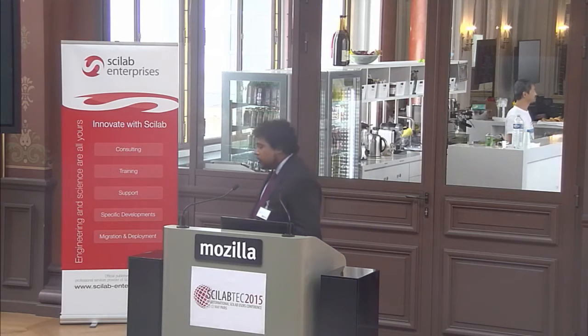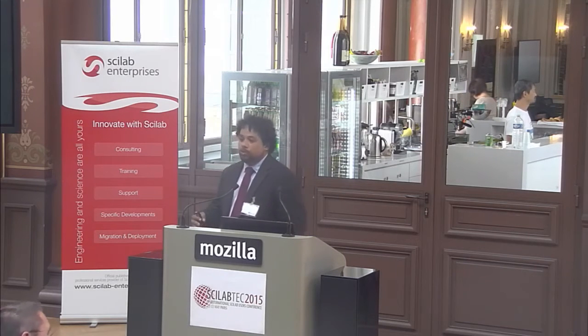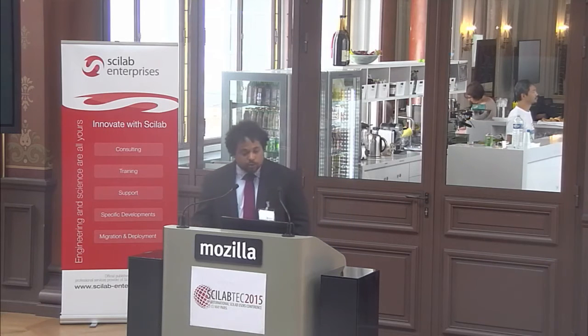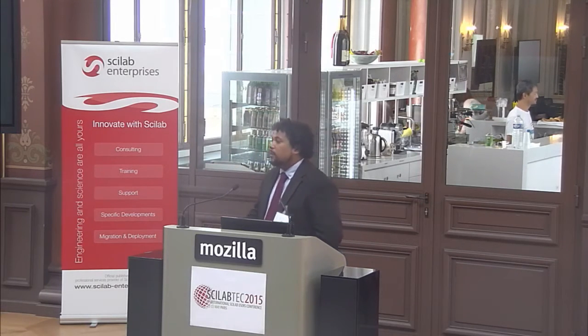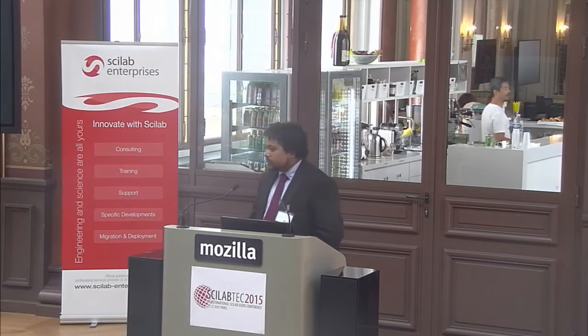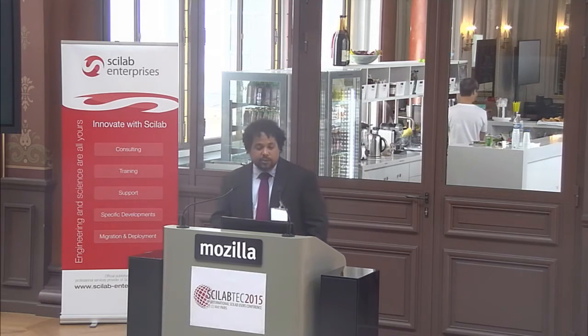We have added a lot of support for structures that were considered slow in your scripts. Now they're native and they're primitives of Scilab. So structs, multi-dimensional arrays, hypermatrices in Scilab, they're now of the type of the primitive they represent. So you have faster execution, and this is the same for every primitive of Scilab.